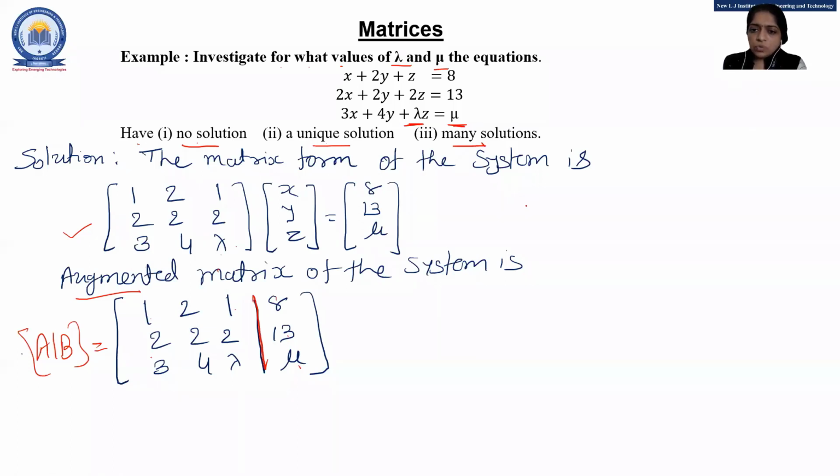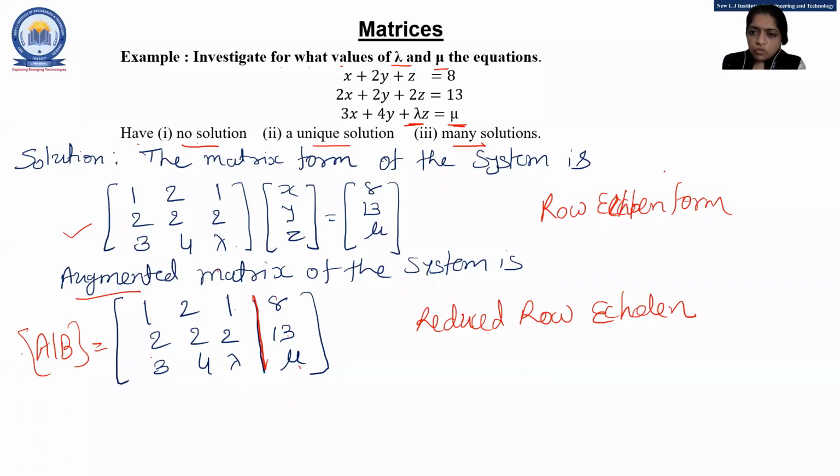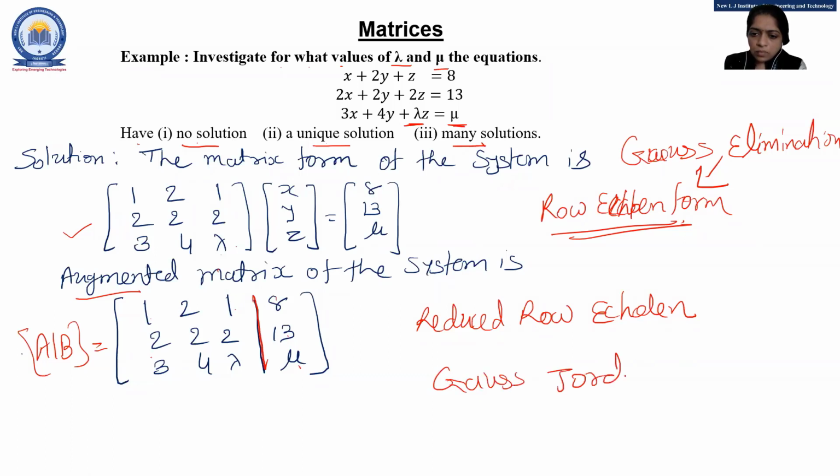As you know, Gauss elimination uses row echelon form, and the Gauss-Jordan method uses reduced row echelon form.